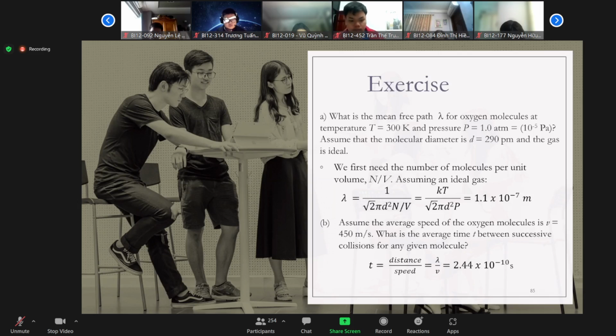Atmospheric pressure. Cái này là 10 mũ 5 nhé. Tôi chưa sửa, một tí tôi sẽ sửa và tôi sẽ upload. I will fix some error here and then I will upload the slide on Moodle. Tôi sẽ sửa và tôi sẽ upload cái slide này lên Moodle nhé. 10 mũ 5 Pascal, chứ không phải 10 mũ trừ 5.